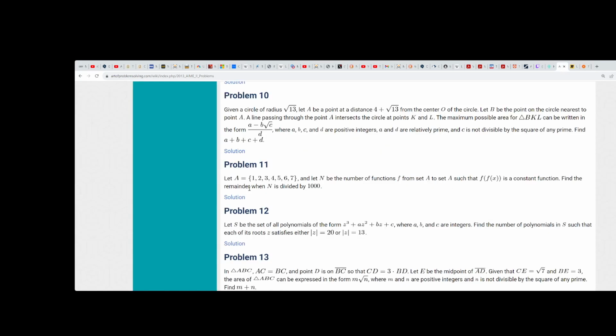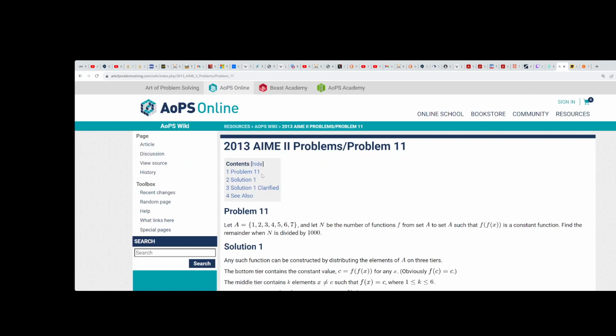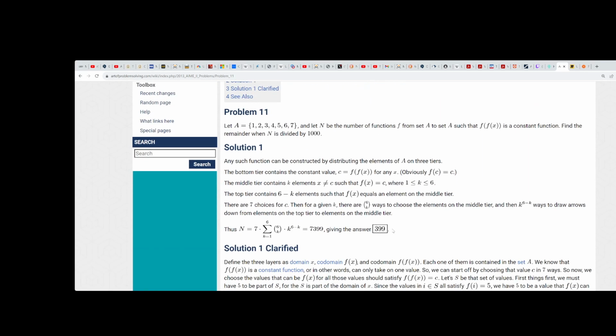I think I pulled up the solution right here. Let's have a look at the solution. It should be 399. There it is. They used a pretty similar solution to what I did. It looks like they labeled it in tiers.